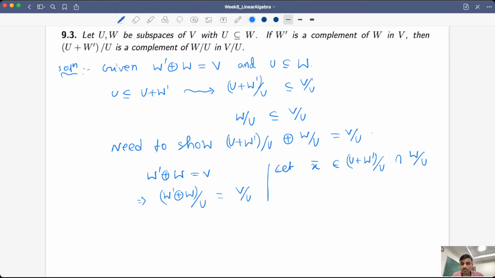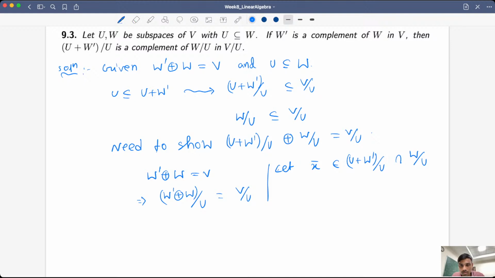Now x bar belongs to this intersection, this means x equal to some u plus w prime, where, okay, I should write it in that form.